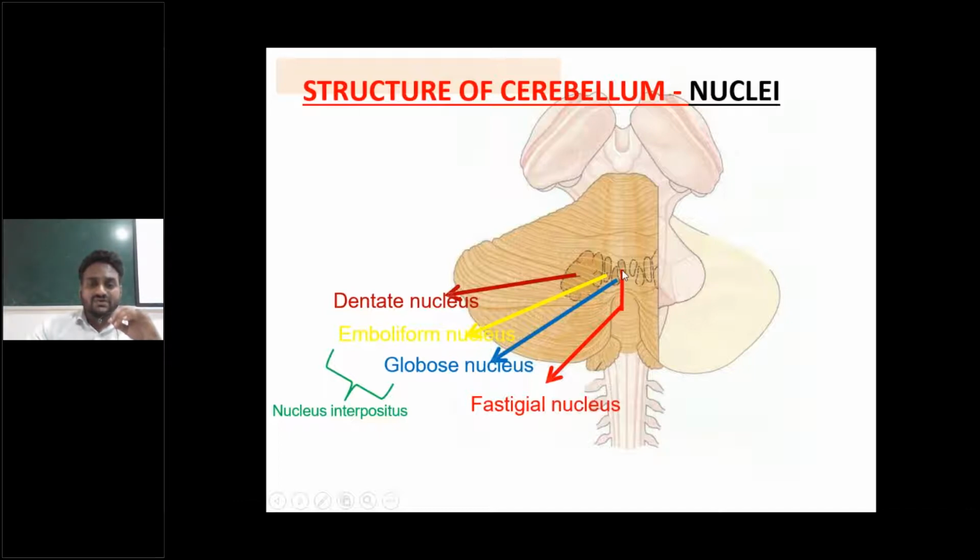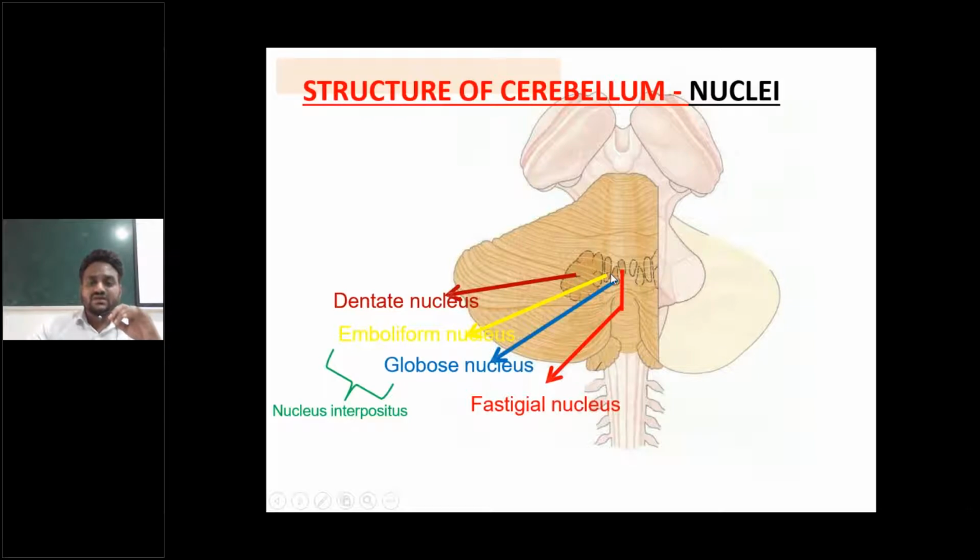One is the fastigial nucleus. Number 2, globosus nucleus. Number 3, emboliformis. Number 4, dentate nucleus. You see here from midline to lateral side, these four nuclei are extending.